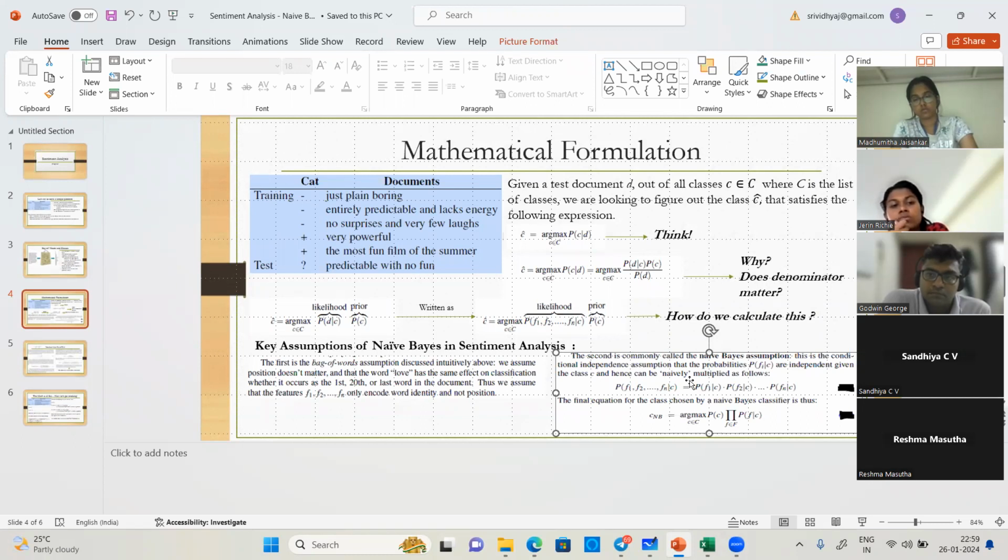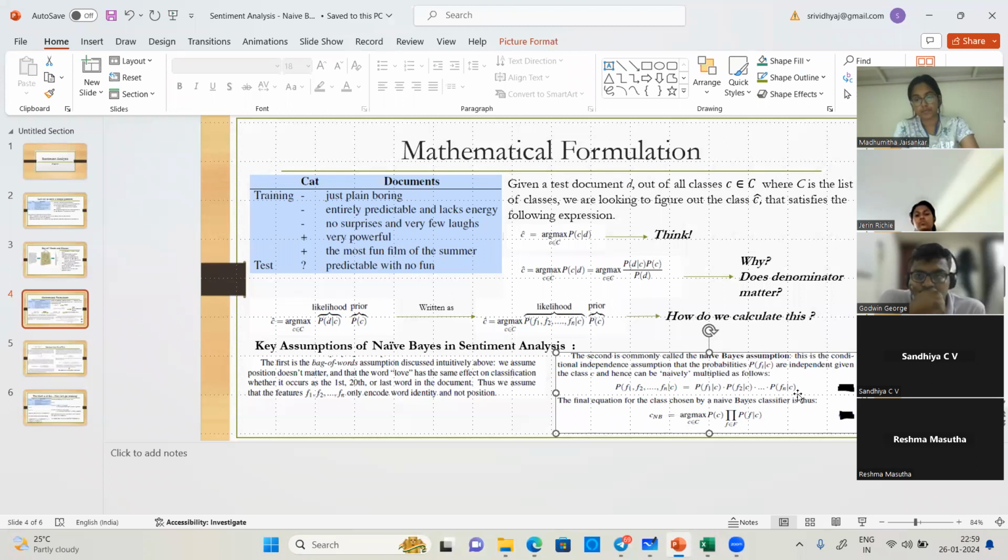That's what naive Bayes does. So what it does is it assumes this expression P of F1, F2, Fn given C is equal to P of F1 given C into F2 given C into Fn given C. This goes to the basic conditional probability.